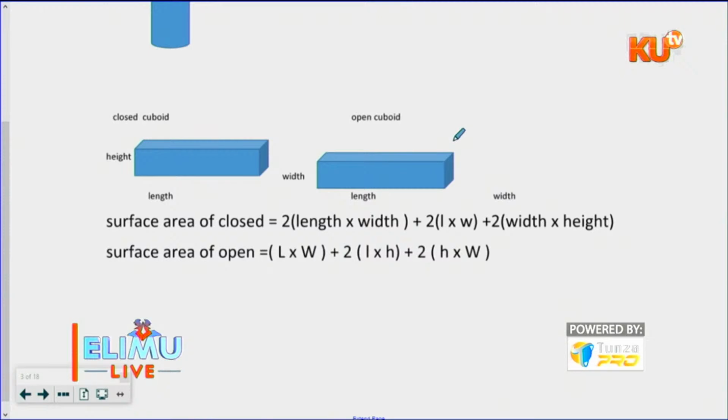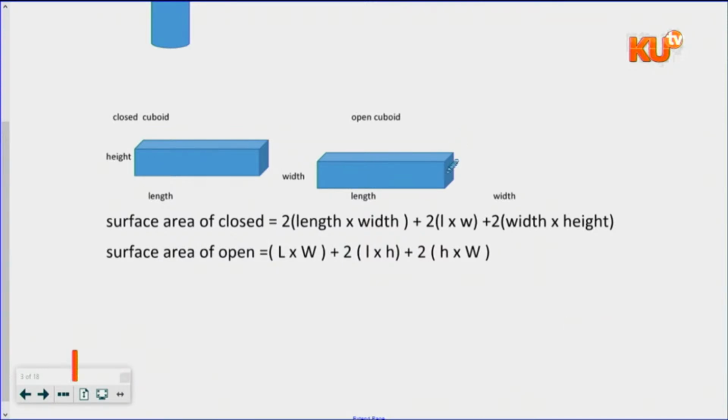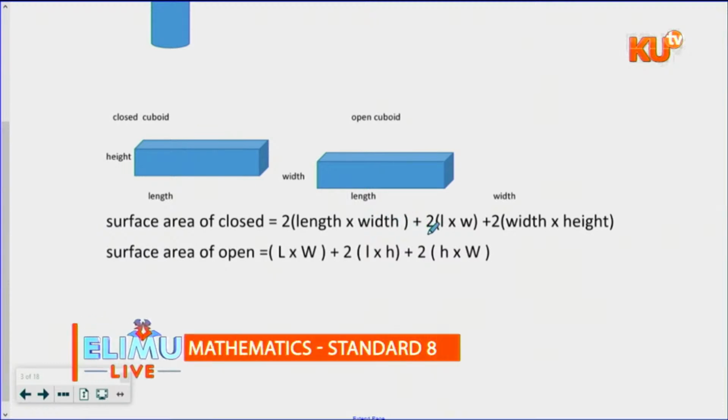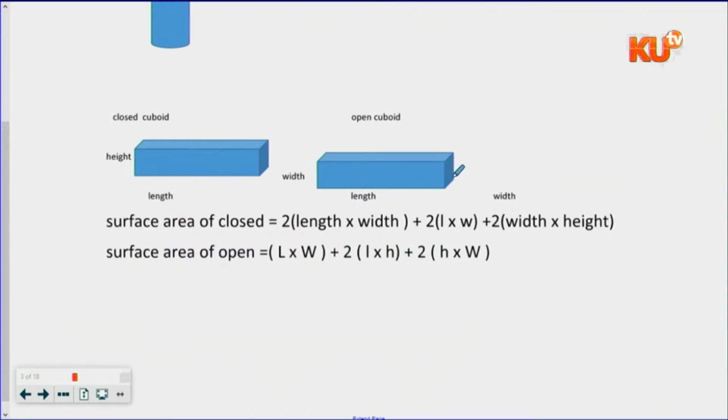We have this face and the other face on this side. So how many faces are there? They are 2 faces. Therefore, we'll say 2 into length times height. We come to the third face, the cross-sectional face that is away from us, and the face here.